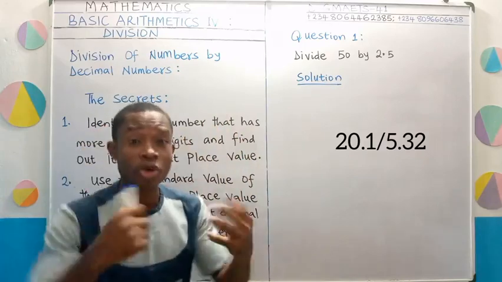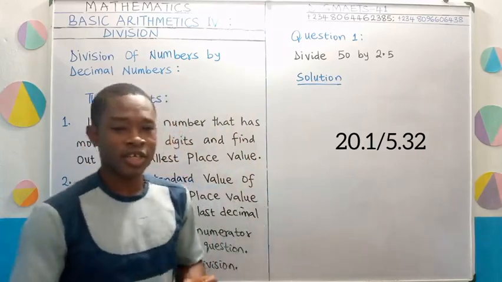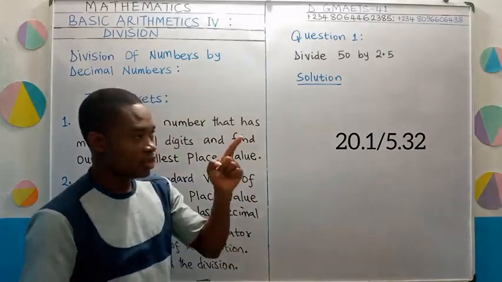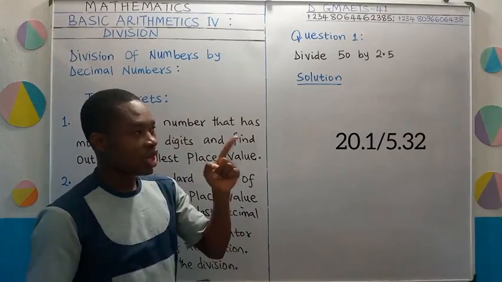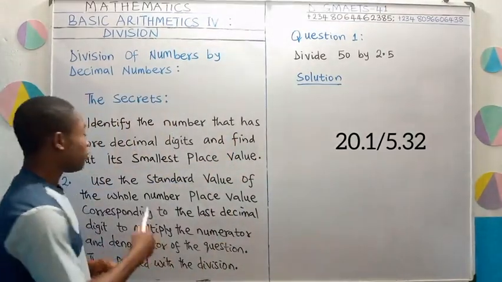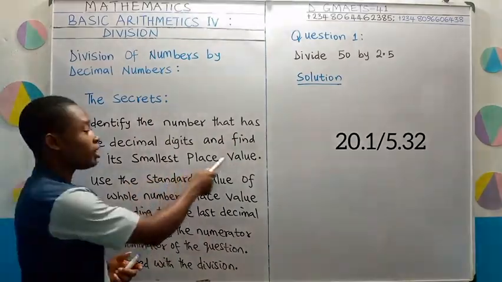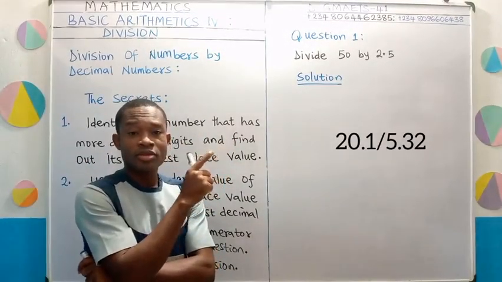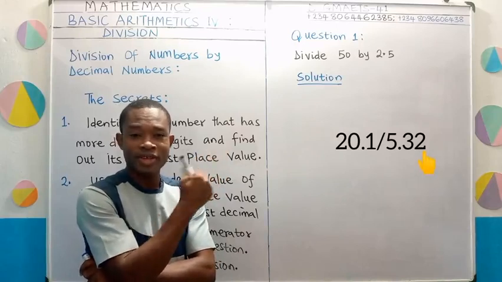So what you'll be interested in, in order to start this calculation, is the denominator, 5.32, that has more decimal digits. Then you need to find out its smallest place value. In that denominator, 5.32, that 2 is the smallest place value. Are you getting me right?